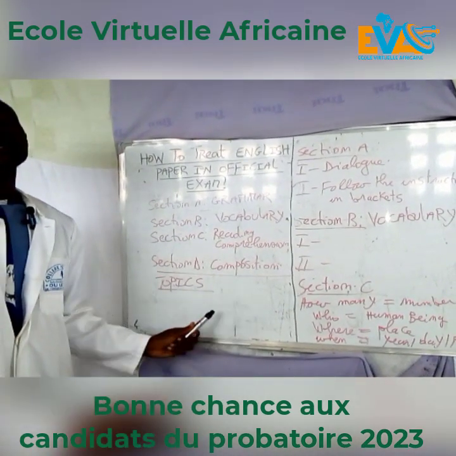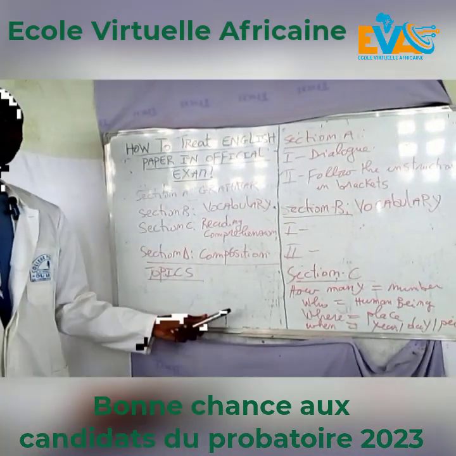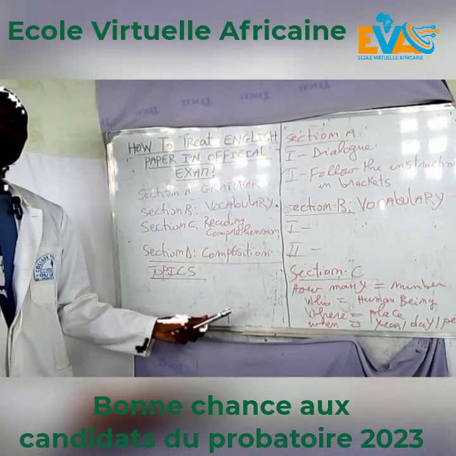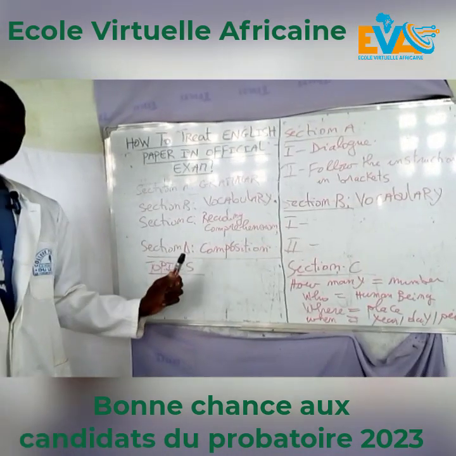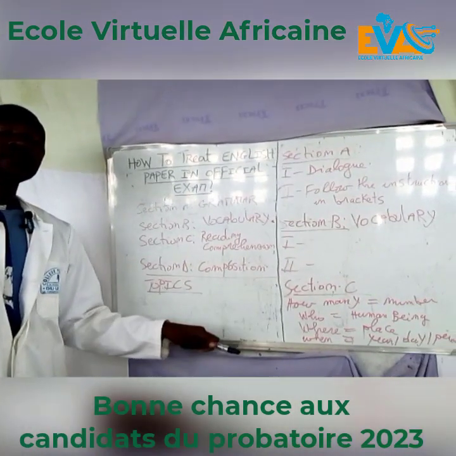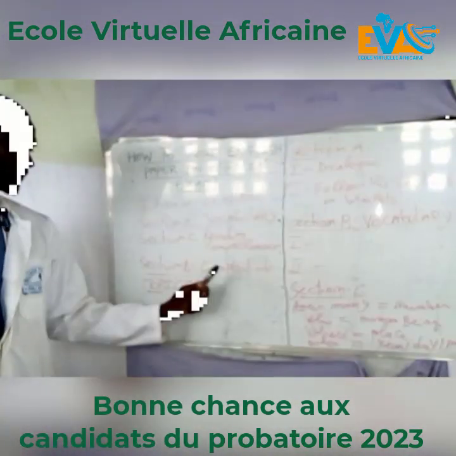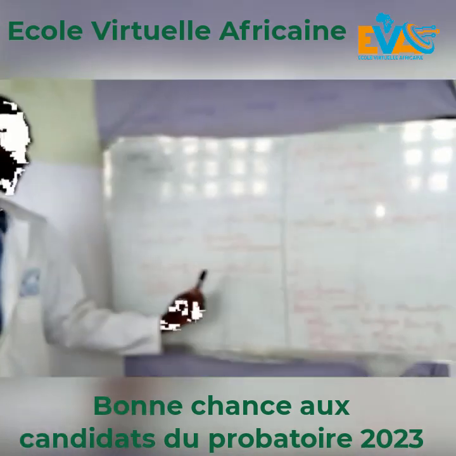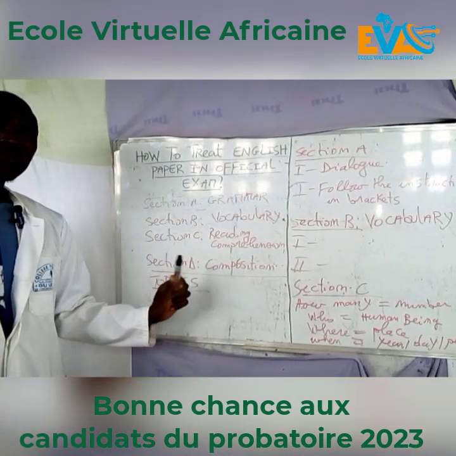For example, if you are treating a letter, you should know which type of letter it is. Is it formal or informal? And you have the various things to be put when you are treating a formal or informal letter. It means what?